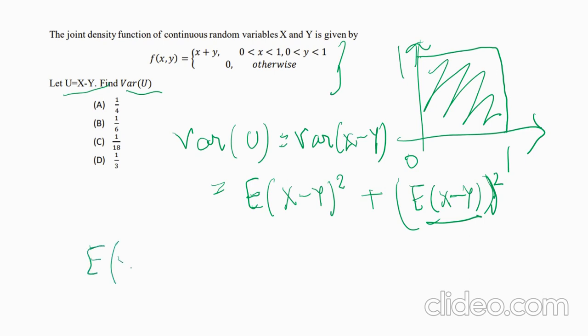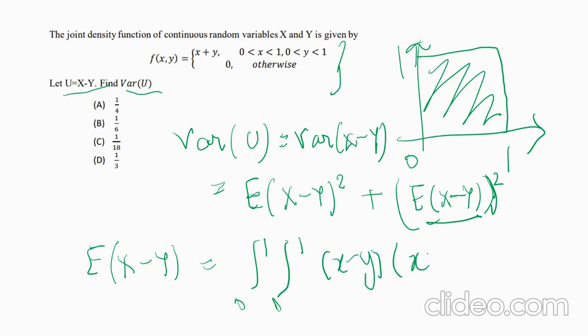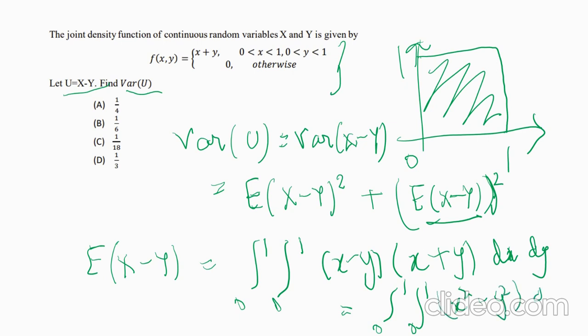So expectation of x minus y will be the integral from 0 to 1, 0 to 1 of x minus y, and then f(x,y) is x plus y, dx dy. So this is x square minus y square dx dy.